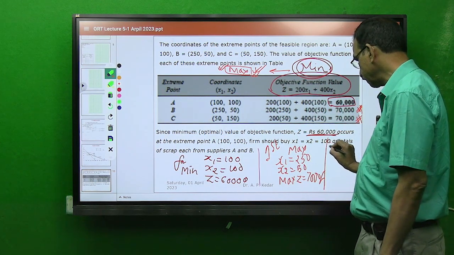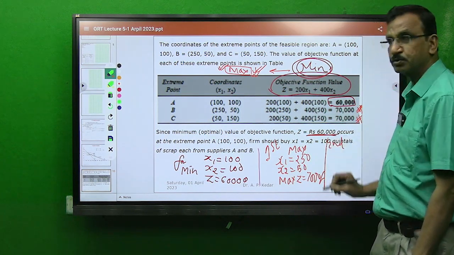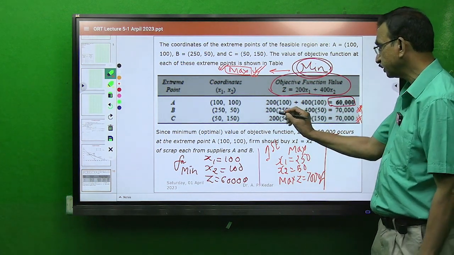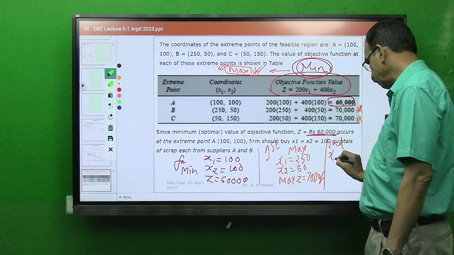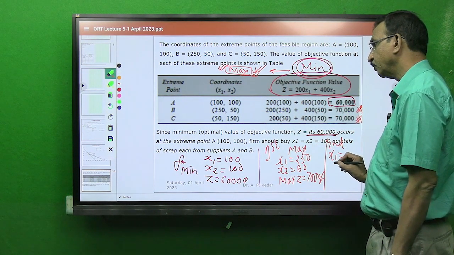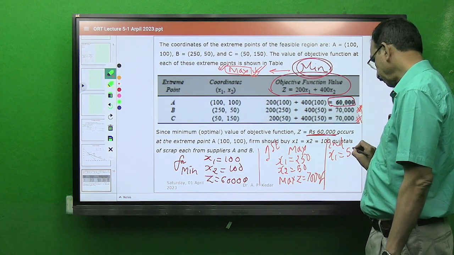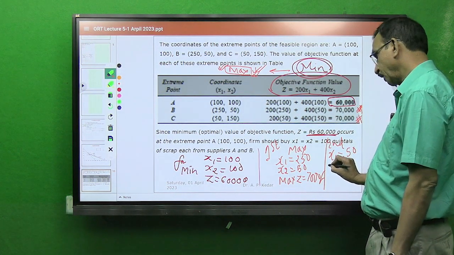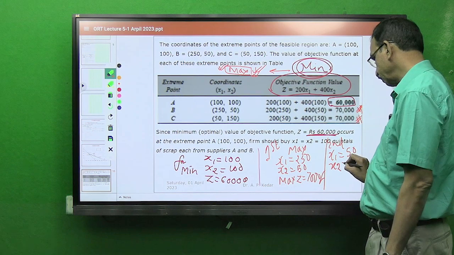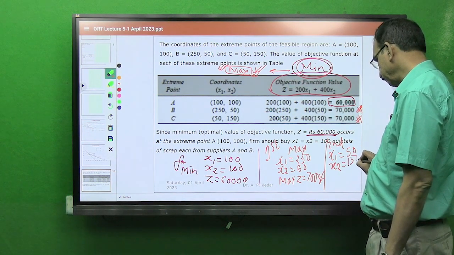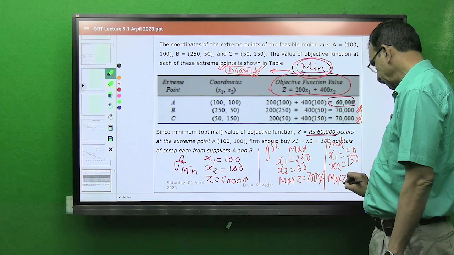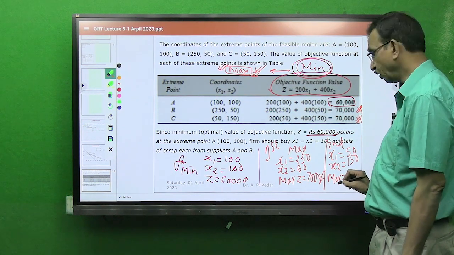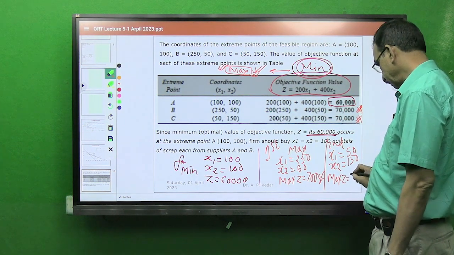What is second solution? Second solution is this one, that produce x1 equal to 50, x2 equal to 150, max z equal to how much? 70,000.